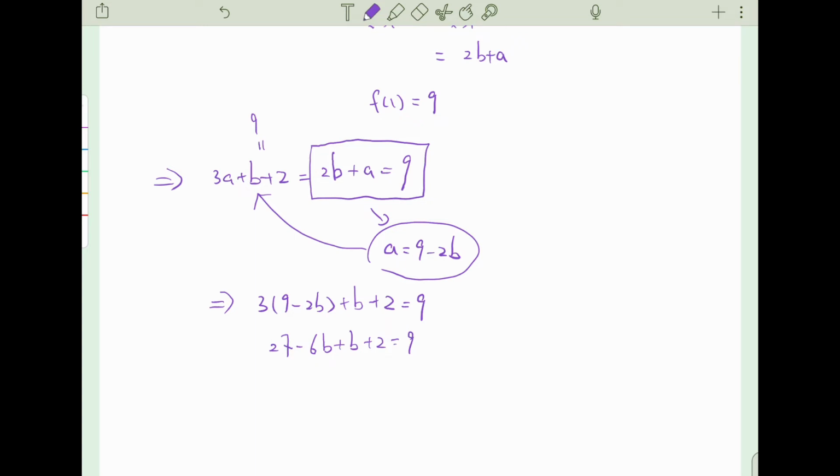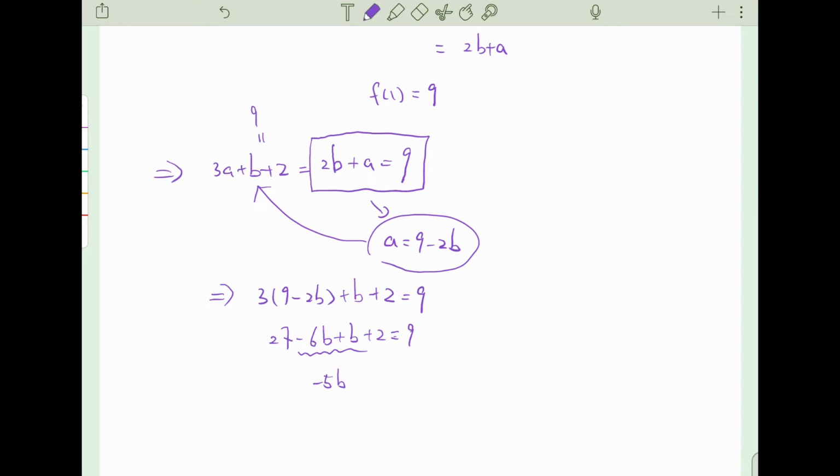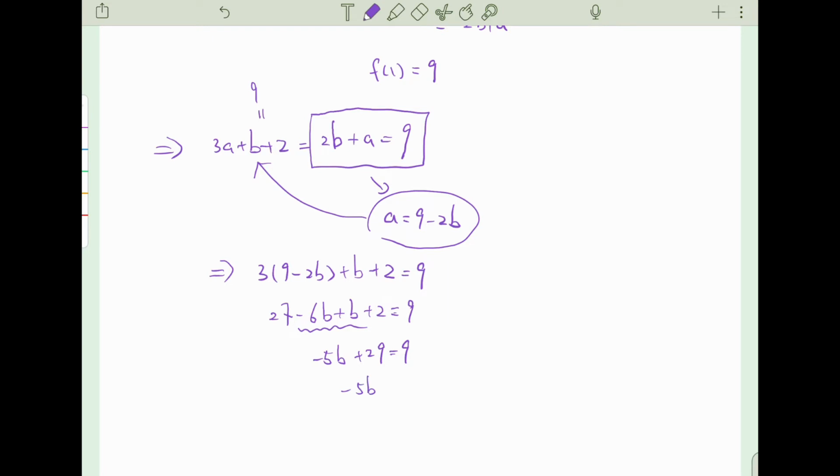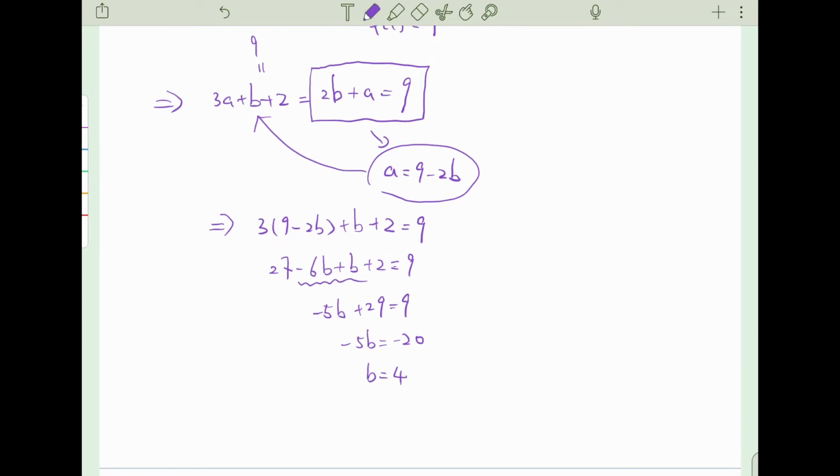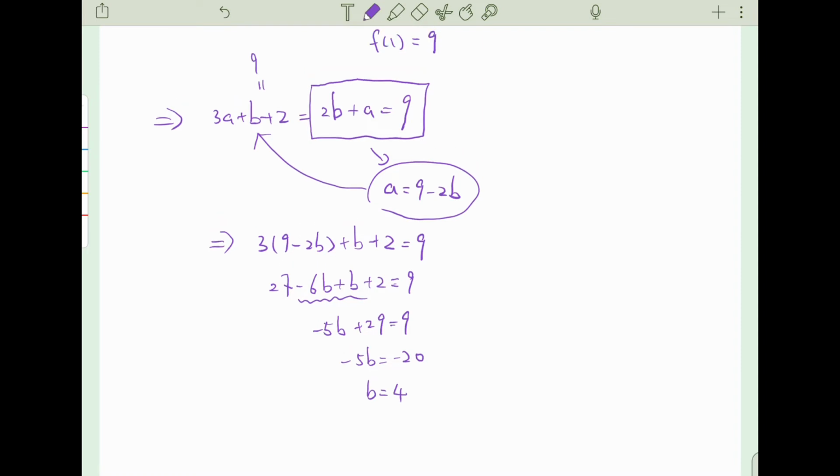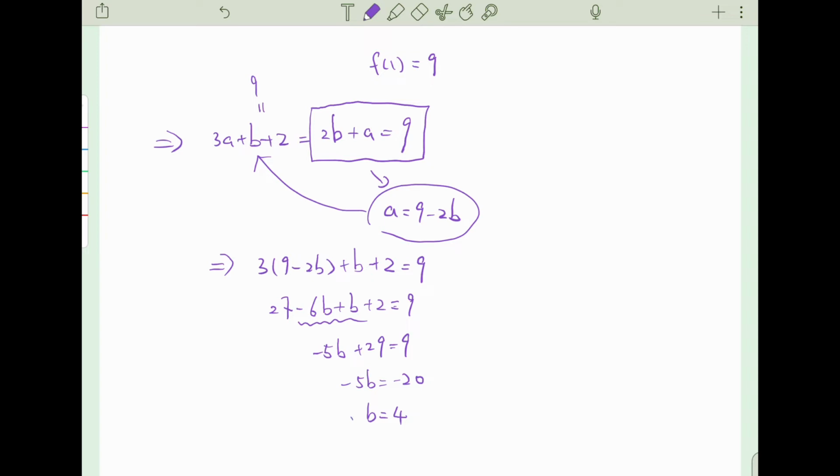So I have this negative 5b plus 29 equal to 9, right? So negative 5b is equal to negative 20. So b is equal to 4 if we divide both sides by negative 5. So b is equal to 4, and now we can plug b equal to 4 into the previous expression.